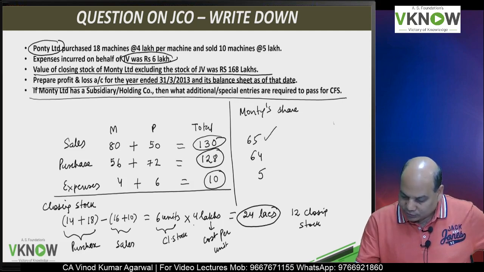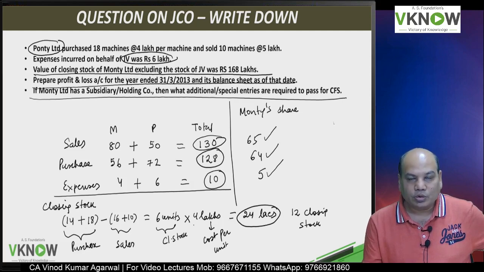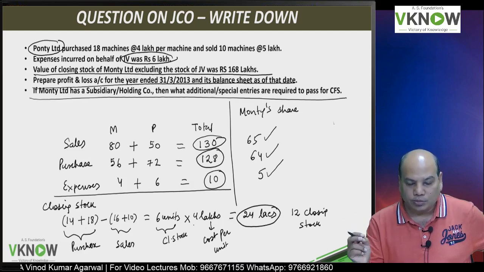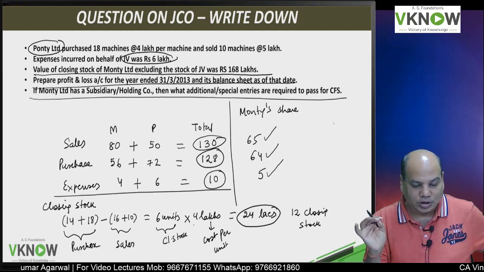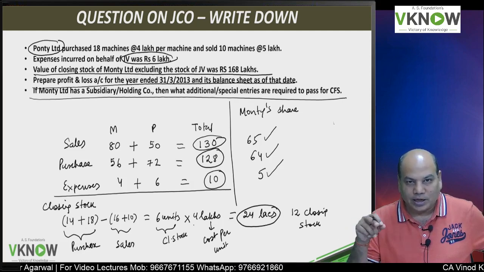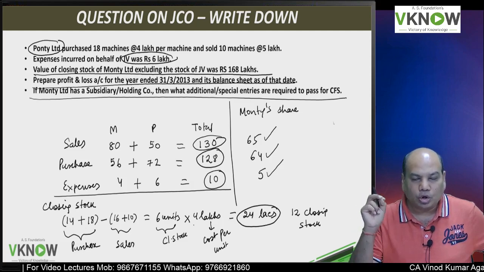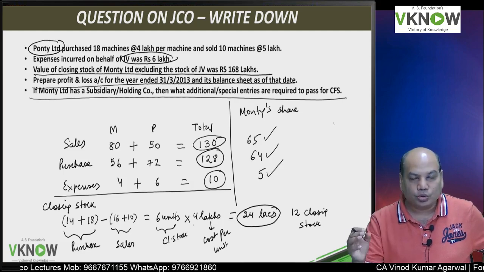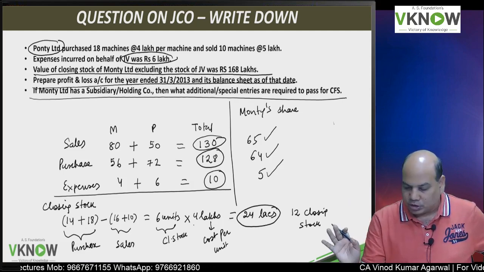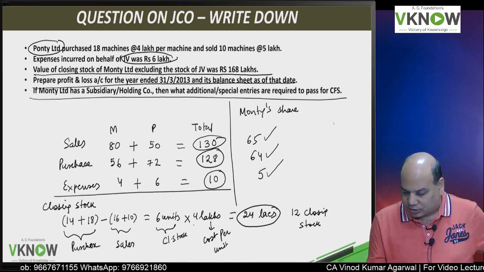So this sale, purchase, expense we are going to record in the books of Monty. We are going to eliminate suspense account of 20, and the balancing figure represents amount receivable or payable either from or to Ponty.